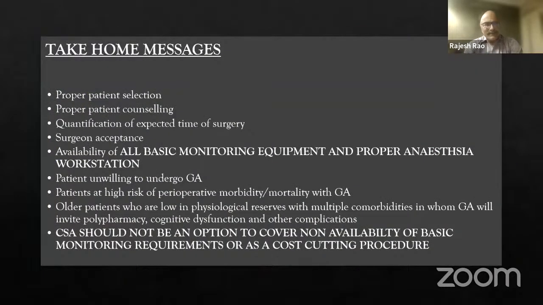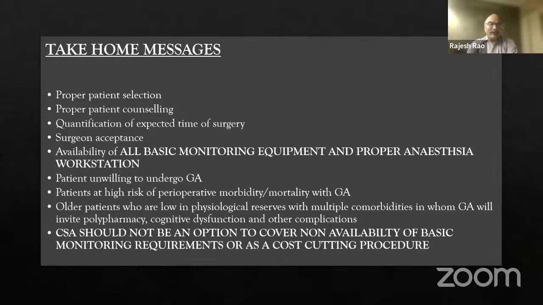So what are the take-home messages? Proper patient selection, proper patient counseling, quantification of expected time of surgery, surgeon's acceptance, availability of all basic monitoring equipment and a proper anesthesia workstation.